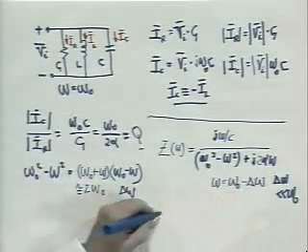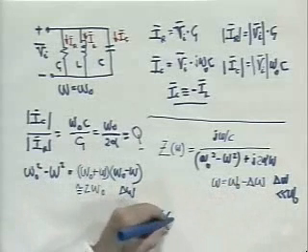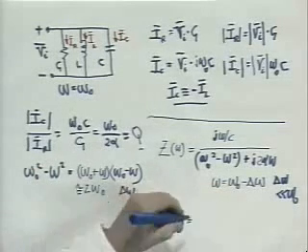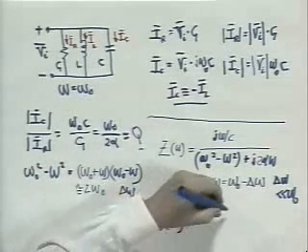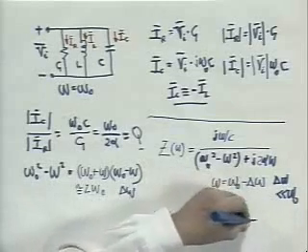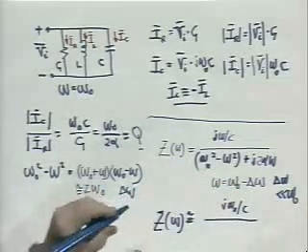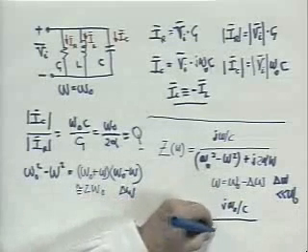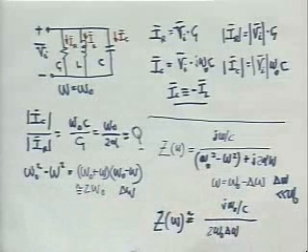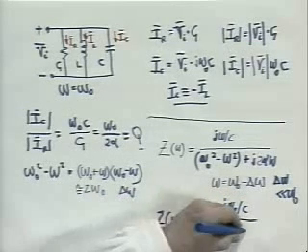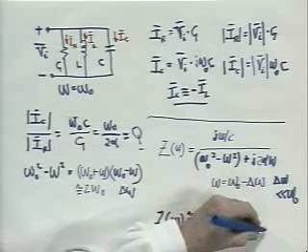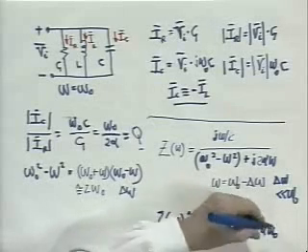So Z of omega for omega near omega naught can be approximated, this is an approximation, by j omega naught over C divided by 2 omega naught delta omega plus j 2 alpha omega naught.